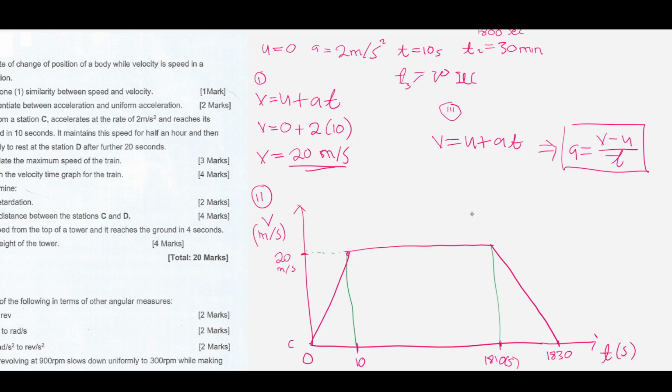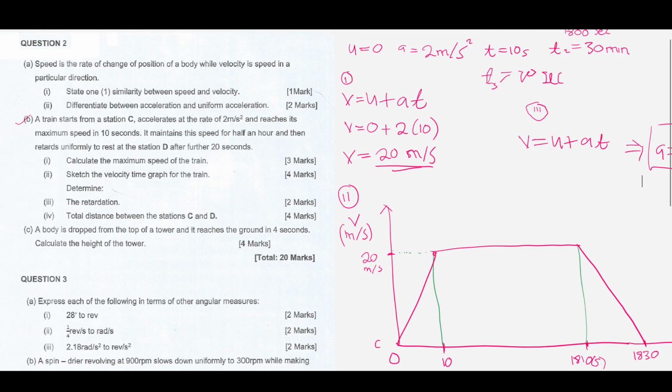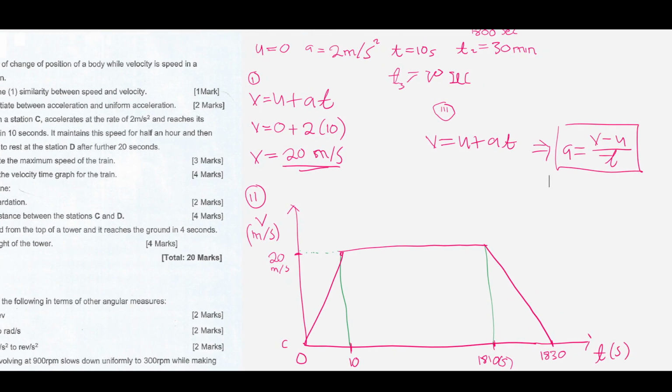No, sorry, since we are calculating the retardation, the train is now moving from this point to that point. So this one will be our initial, and our initial will be 20 now. So our a will be v, which is 0, because the final will be 0 there.